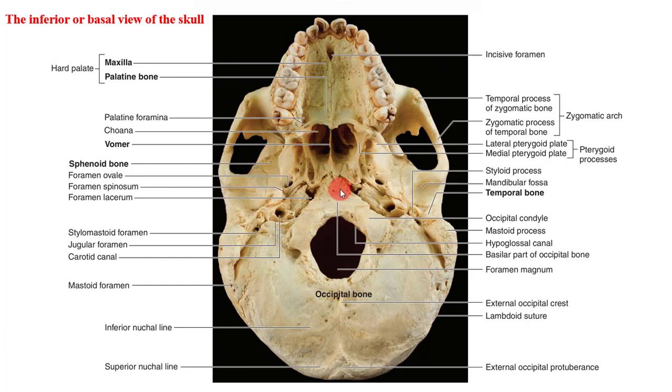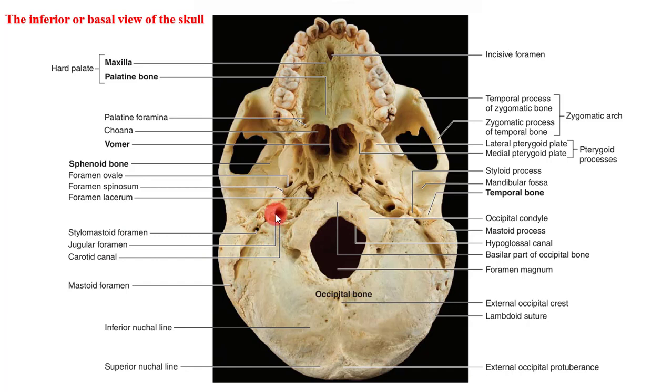Between the mandibular fossa and pterygoid processes are several foramina and canals. Closest to the pterygoid process is the foramen ovale, and lateral to this opening is the foramen spinosum. Posterior and lateral to these foramina is the jugular foramen, which is a space between the temporal and occipital bones.